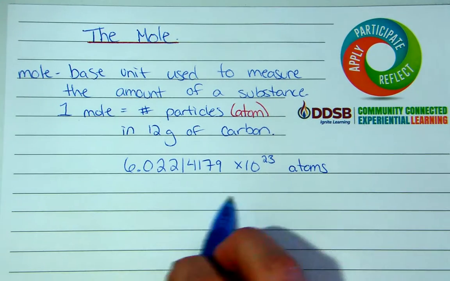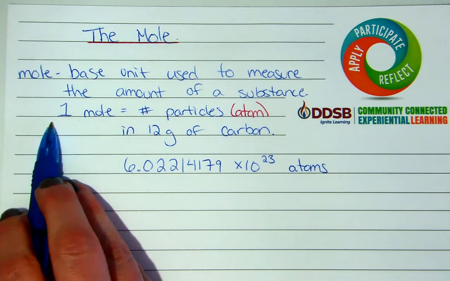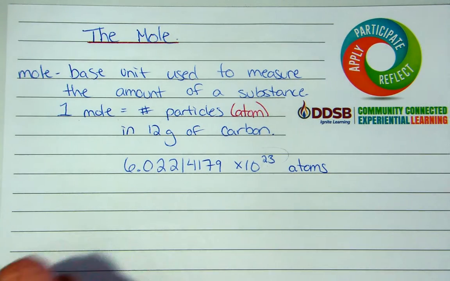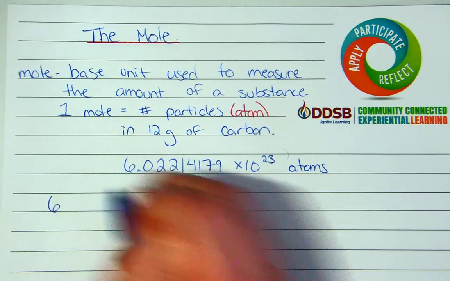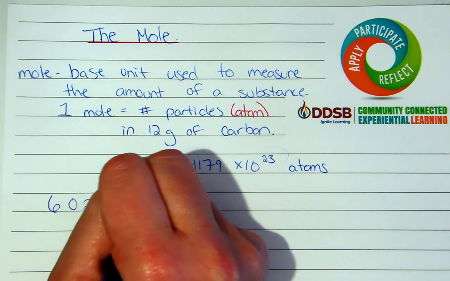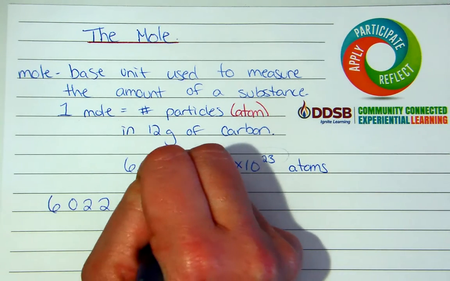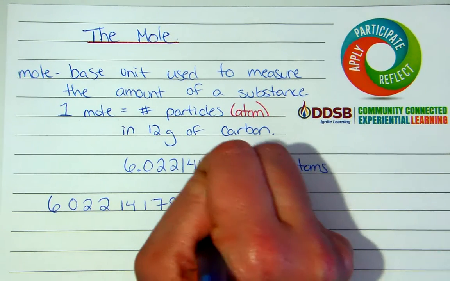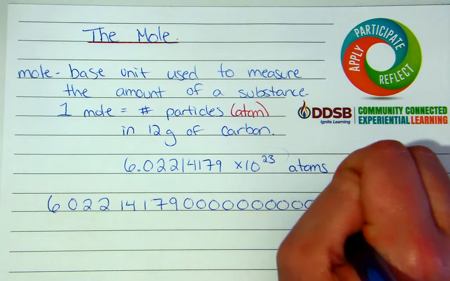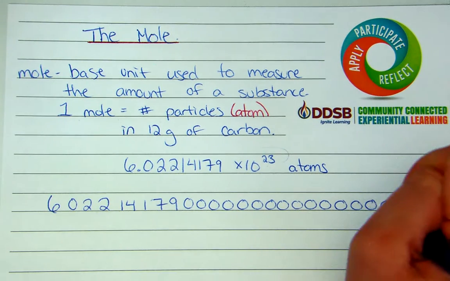So you can see right here why we are packaging up into a mole instead of the number of atoms. Should I write it out for you? Sure. So if I started, that's 1, 2, 3, 4, 5, 6, 7, 8, 9, 10, 11, 12, 13, 14, 20, 21, 22, 23.